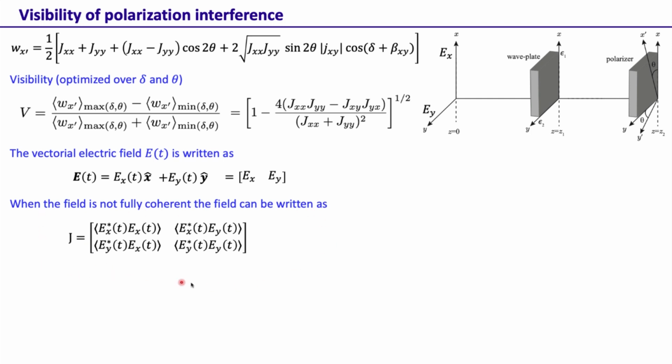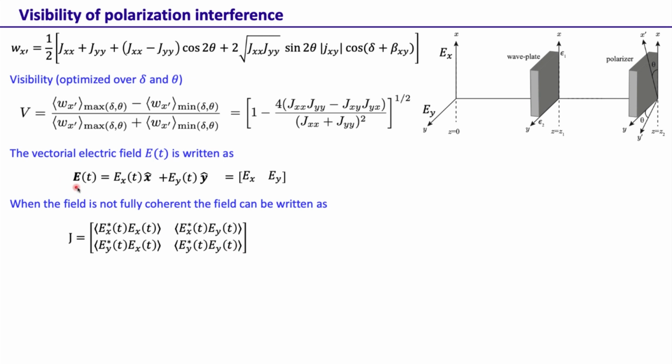Okay, so this is the representation of the field in terms of a 2 by 2 matrix, and this represents the field which is partially coherent in the polarization basis. Here we are not talking about its temporal coherence or spatial coherence. Here we are only talking about its polarization coherence. So from the polarization coherence perspective, a field can just be written in terms of a 2 by 2 matrix.